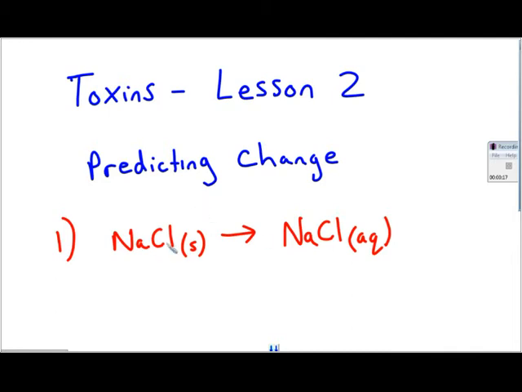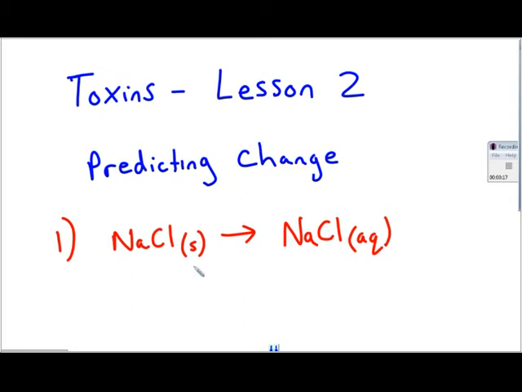Alright, so here we have NaCl. NaCl is sodium fluoride, table salt. It's table salt in a solid form. And so it's going to go from a solid form and it's going to turn into the aqueous form. So what happens when something turns from a solid to aqueous? It means that we dissolved it in water.